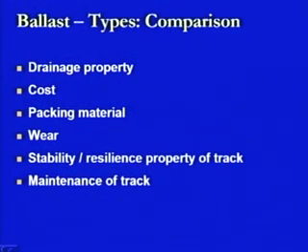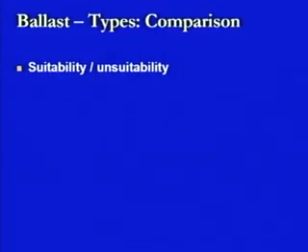Another point of comparison is the maintenance of track. This maintenance of track is again related to the previous conditions like the wear, the drainage property, or the resilience or stability effects. The heavier the material, obviously the lesser the maintenance requirement. Then, further points of comparison are the suitability or unsuitability of the material at certain locations, where the material can be used for normal track conditions or needs to be used for specific conditions like yards or shunting grounds.